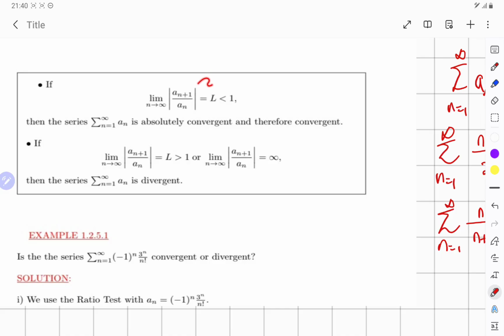If we do the limit and we find a number less than 1, our series will be absolutely convergent because of the absolute value signs and therefore convergent. If our limit is a number greater than 1 or we get infinity, our series is divergent.